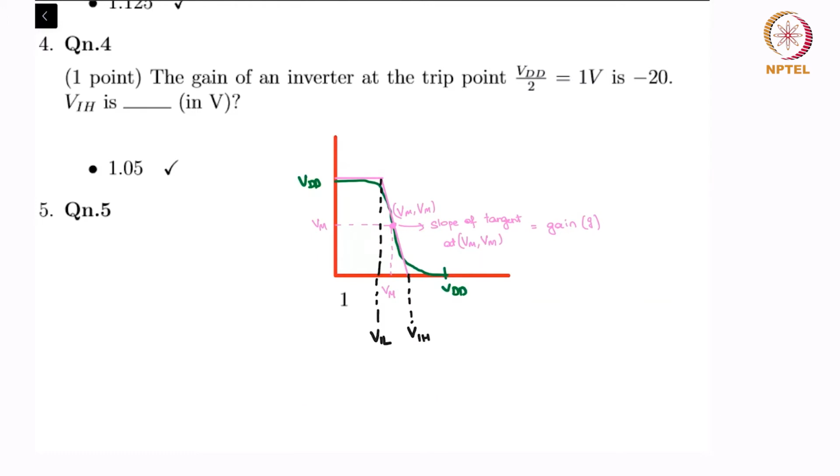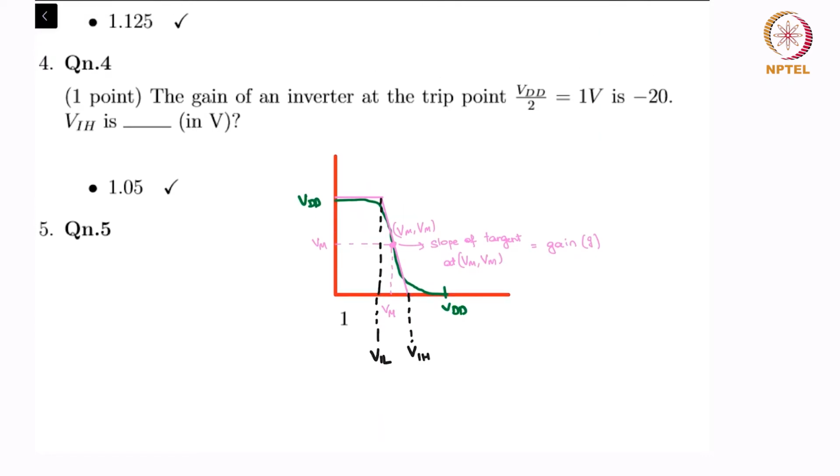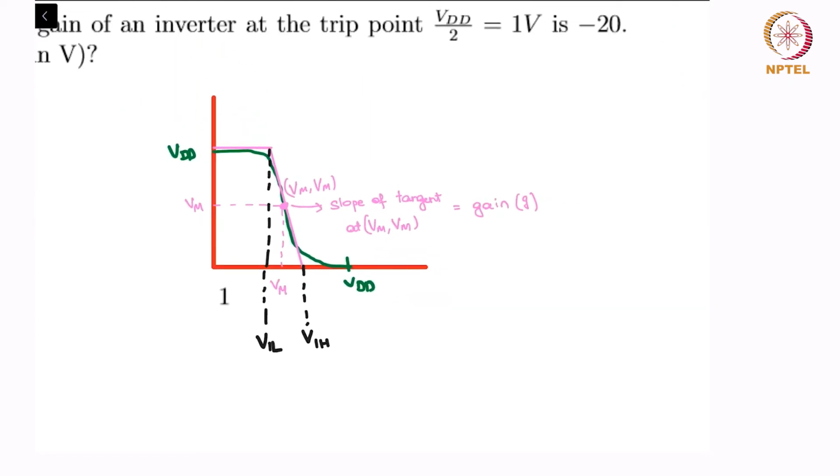Yeah, so in question 4, we are given the gain of an inverter at the trip point, and we are asked what VIH is. So over here you can see the Vin Vout of the inverter, and the actual curve is in green, but our noise margin approximation is in pink, right?